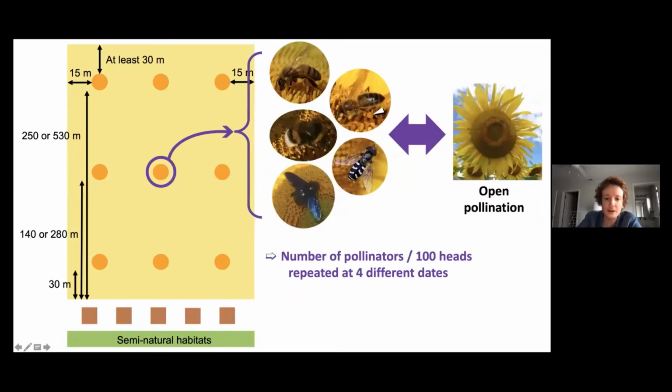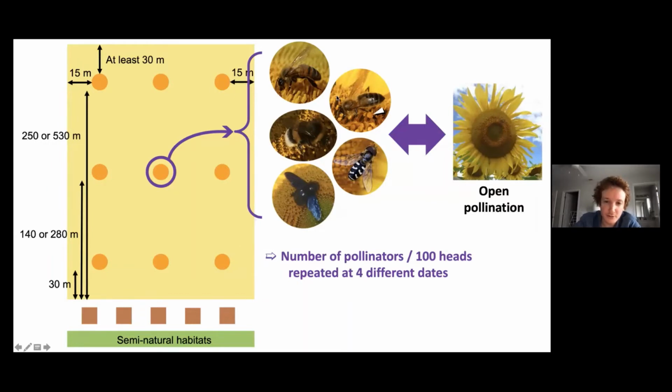We also counted the number of pollinators on 100 heads. It was repeated on at least 4 different dates during the blooming period. And we counted honeybees with or without pollen pellets on their hind legs to have the difference between the nectar foragers and the pollen foragers.